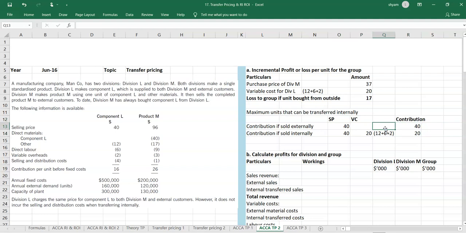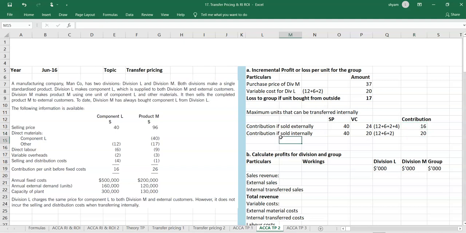So if you look at here, if they are going to sell outside, they are going to incur all the cost. Okay, this other component, direct labor, variable overhead, also plus selling and distribution overhead, that also they are going to incur. So that's going to be 24. And it is 16.